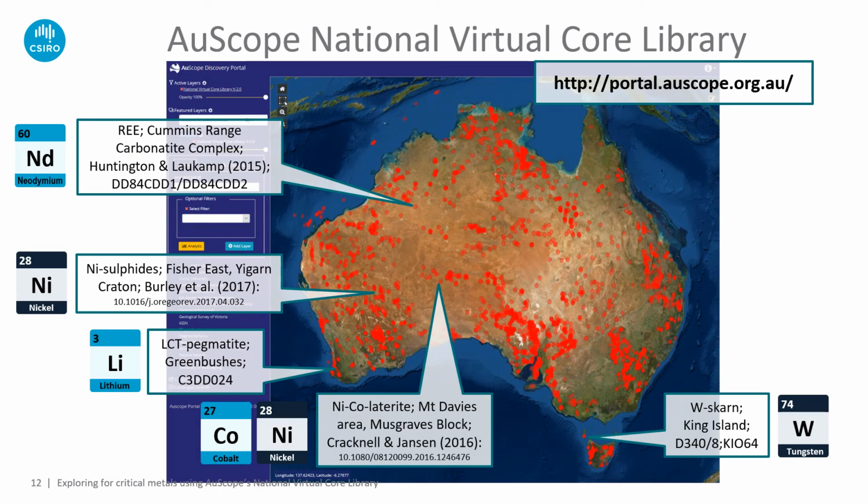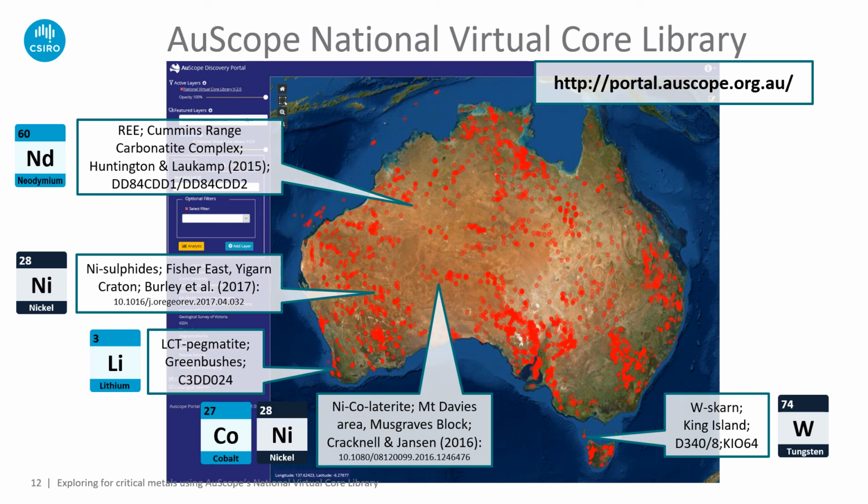So these are a few snapshots of the research and findings from the National Virtual Core Library focused on critical metals. Of course, AuScope's National Virtual Core Library provides HyLogger data, mineralogy, geochemistry, and so on from drill core data from across the whole continent, as shown on this map, from a variety of mineral deposits, not only the critical metals ones, also gold deposits and so forth.